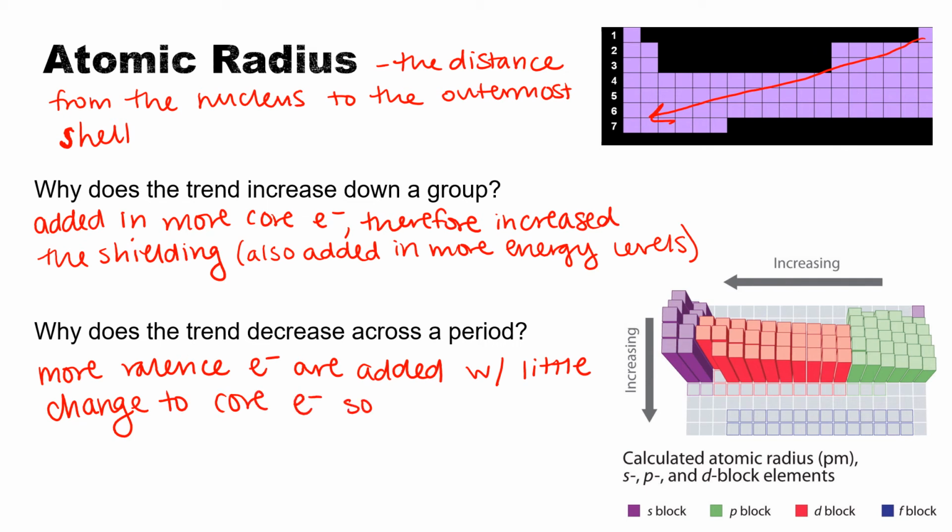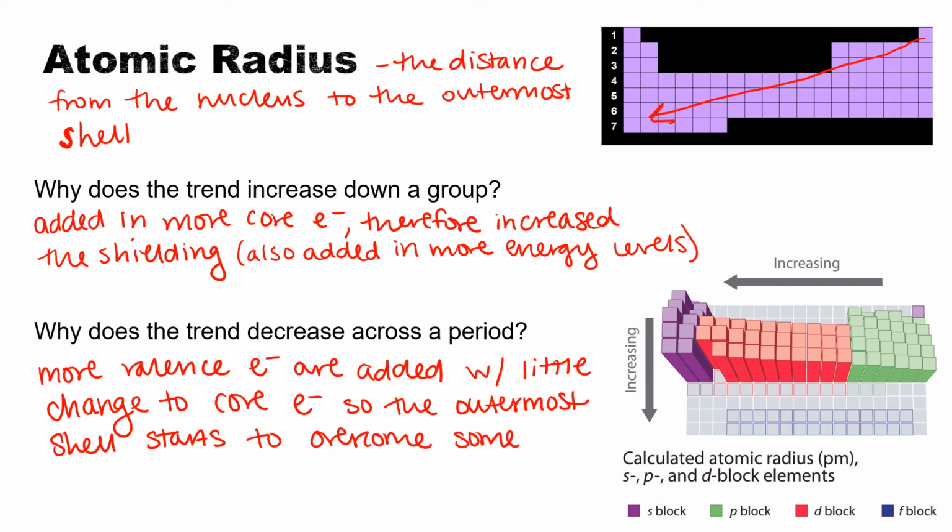So the outermost electrons, or the outermost shell, starts to be able to overcome some of the shielding that's coming from those core electrons.